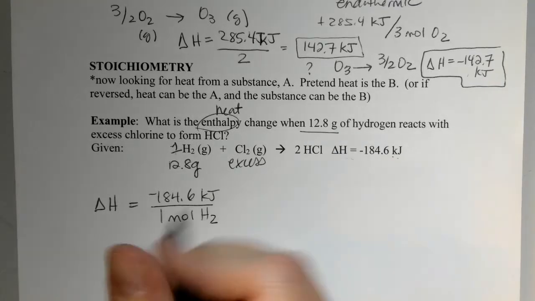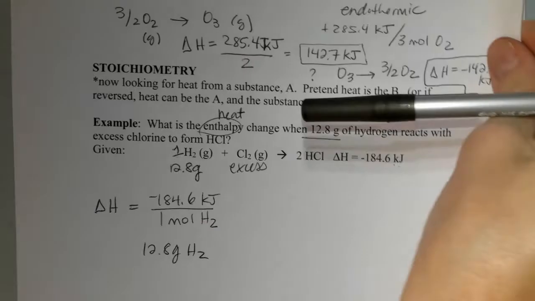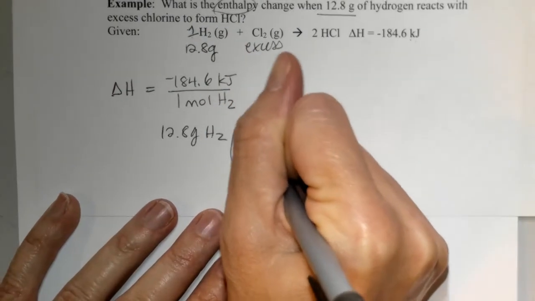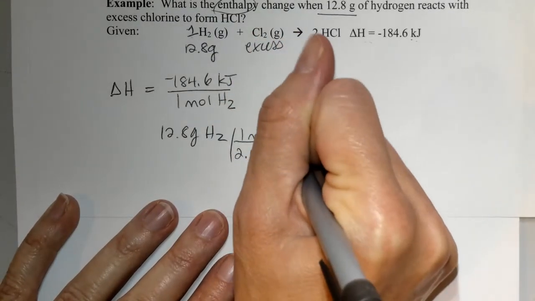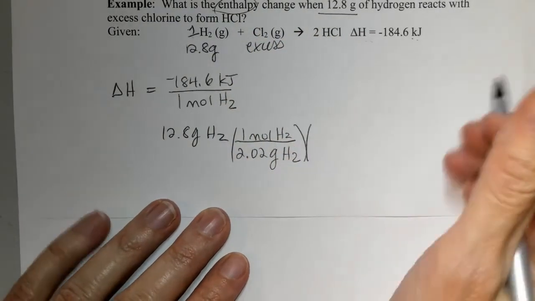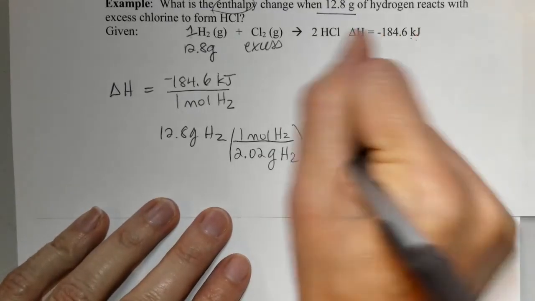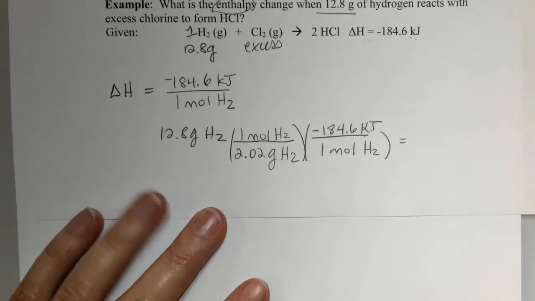So if I look at how much hydrogen I have, 12.8 grams of H2, we know we always have to go to moles. That never changes. 2.02 grams of hydrogen is 1 mole of hydrogen. And then the enthalpy change: negative 184.6 kilojoules for every 1 mole of H2 reacted. And that'll give us our energy.